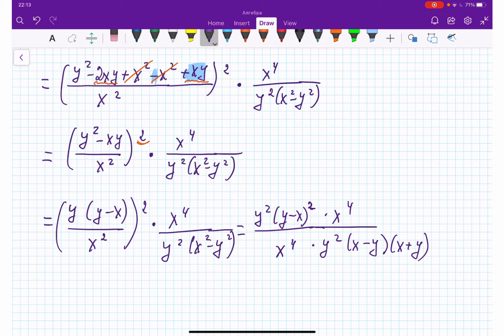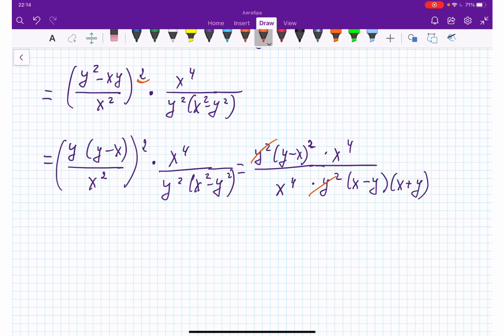Yes? Okay. This is interesting. Let's cancel y squared with y squared, and look what we have: (y minus x) squared, and in the denominator I have x minus y. So what I'm going to do is cancel this x to the 4 also, to have it out of the way.